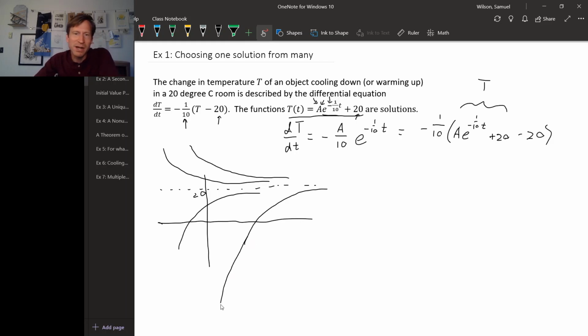And what's different about all of these functions? Well, one way of describing it is that they all start at t equals 0, or indeed any time, at a different temperature. So what separates all of these is different initial values.